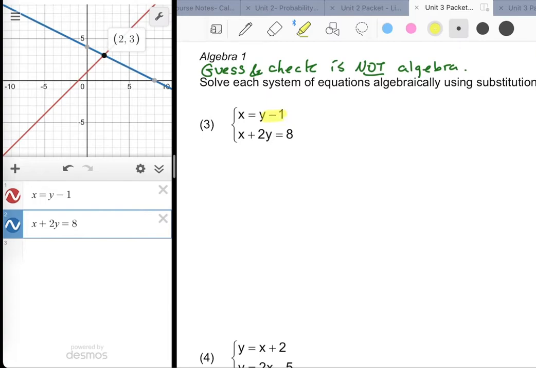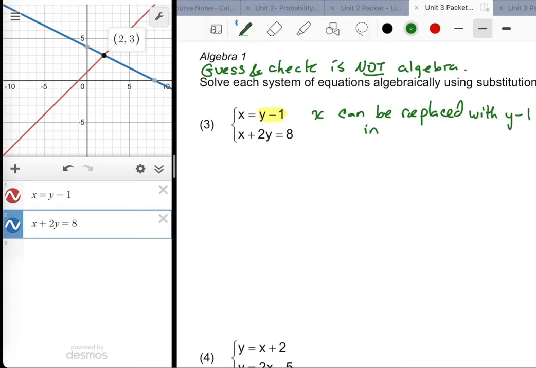What this means is that x can be replaced with y minus 1 in the second equation, because it's establishing equivalence. It's telling us that x and y minus 1 are the same thing. So in my second equation, I can replace that x with a y minus 1 because they're the same.